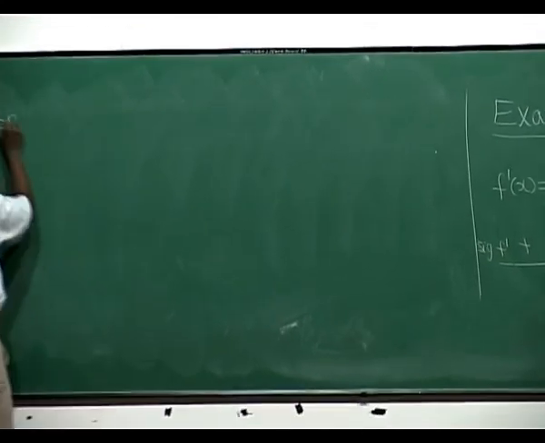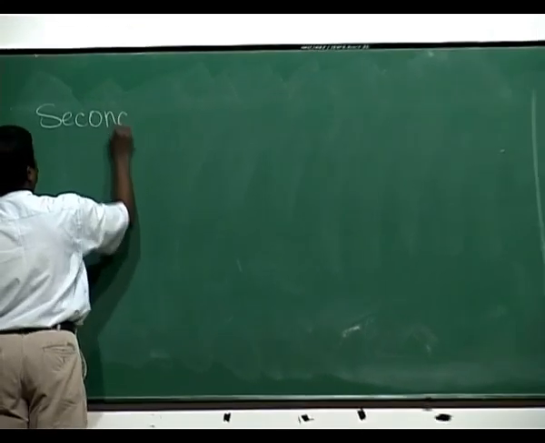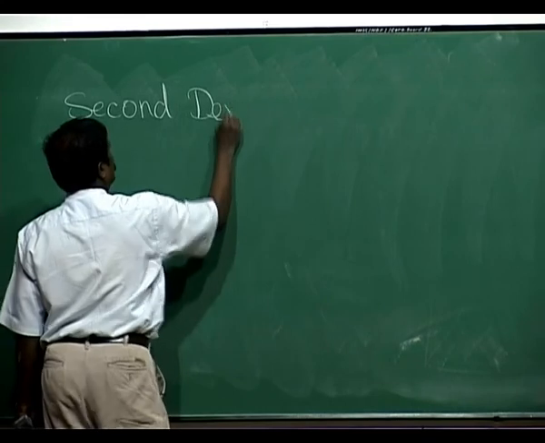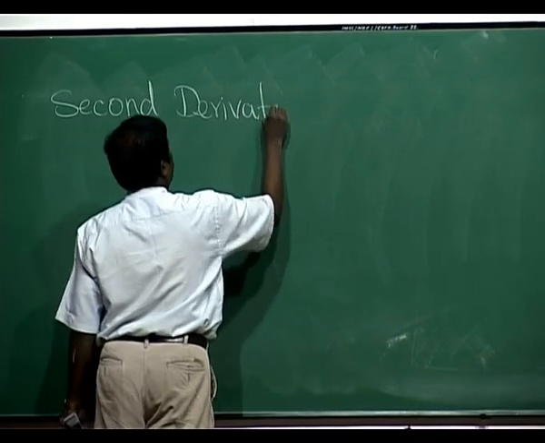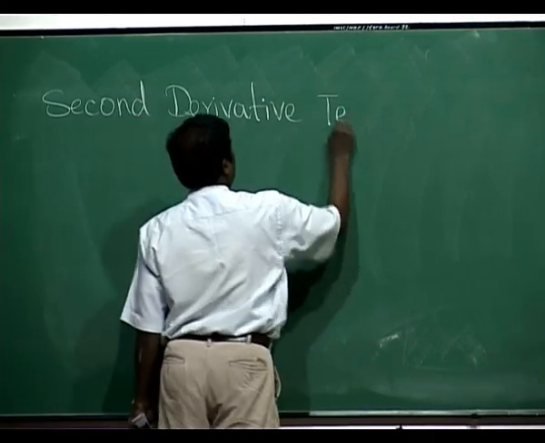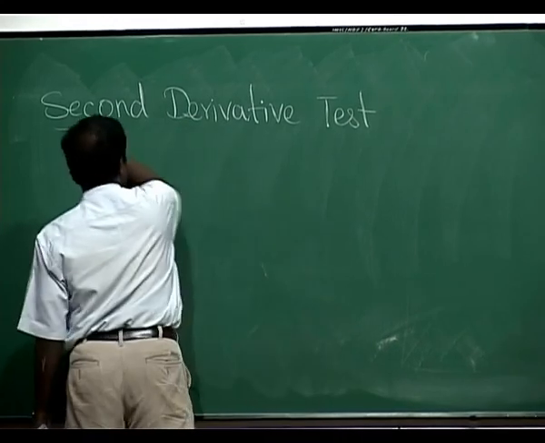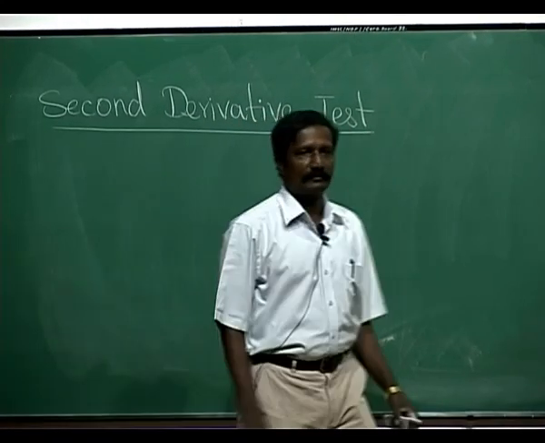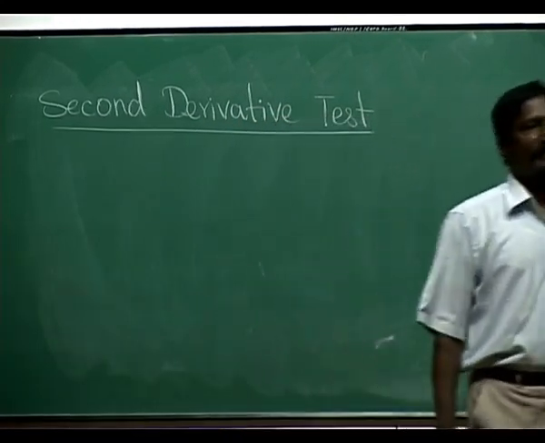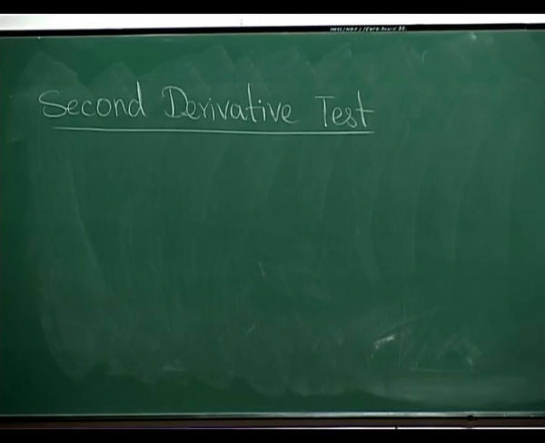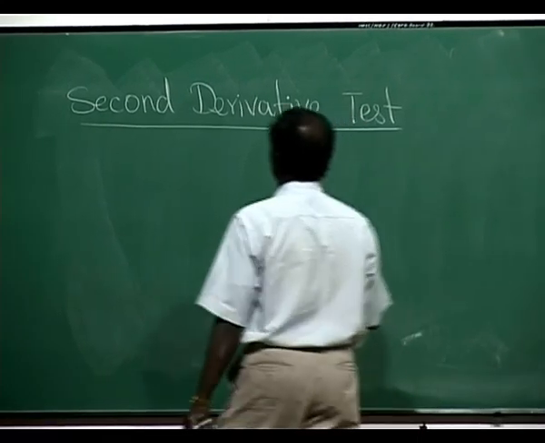One more thing, then we'll do a problem. Second derivative test. What does the second derivative test say? Well, of course, it involves the second derivative of the function, right? So let's see.